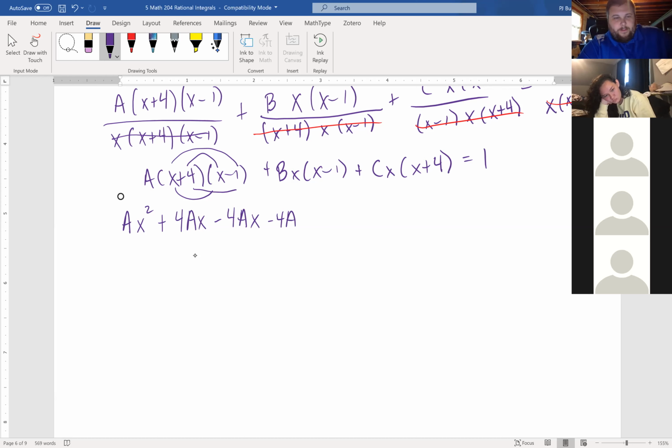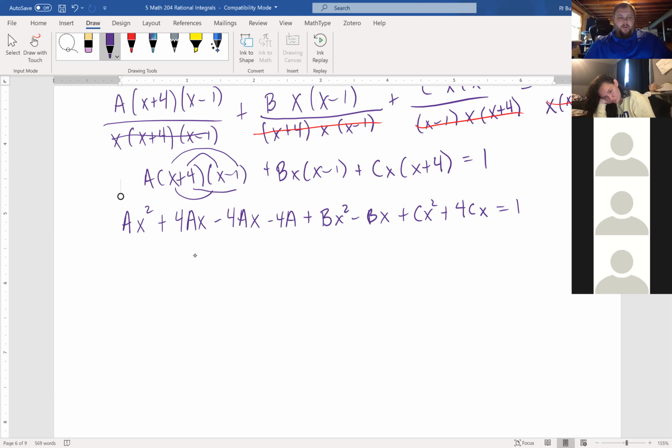So just trying to conserve some time here, I skipped foiling that out and then multiplying. I'm just doing that all at once. This is going to be bx squared minus bx and cx squared plus 4cx, all equaling 1.